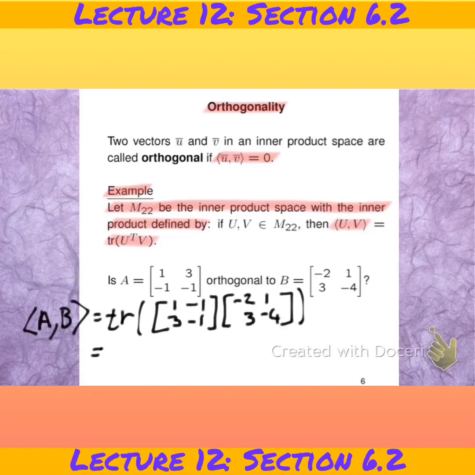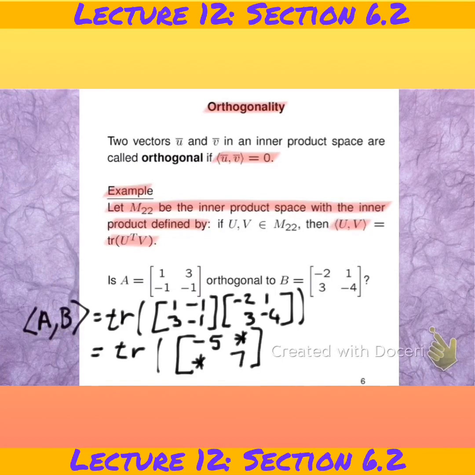Now for the trace, we're actually only interested in the diagonal entries, so I'm not going to work that whole thing out. Basically you've got the first row multiplied with the first column, so that's minus 2 minus 3, which is minus 5. Then you take the second row and the second column, so that's 3 plus 4, which is 7.